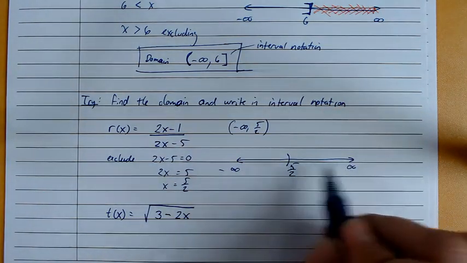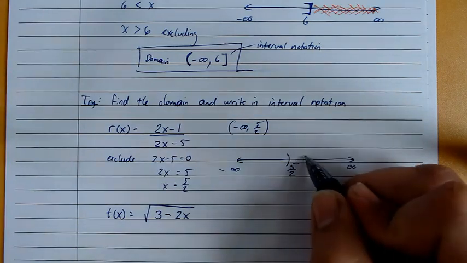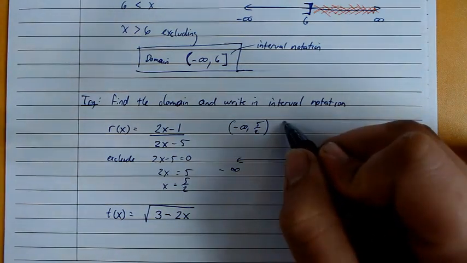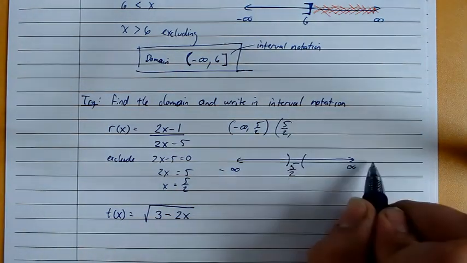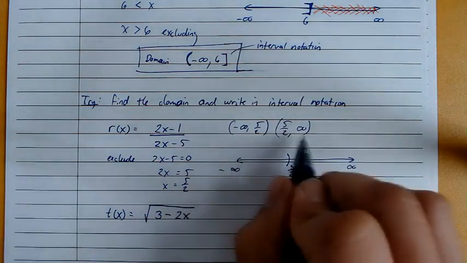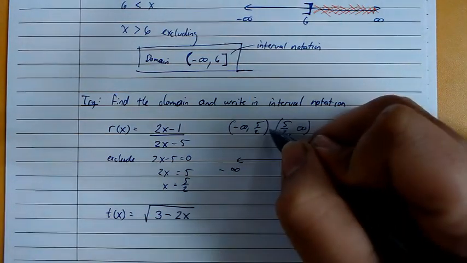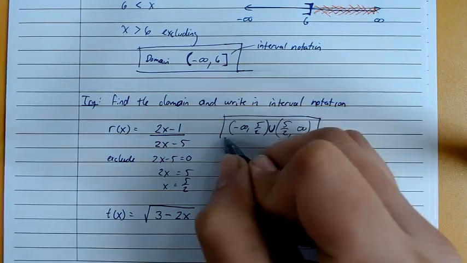We also want everything bigger. We're only throwing away that one number, so anything bigger than that's fine. So again, we're not including 5/2, but we are going with every number further to the right, to infinity. And since there's more than one part to your answer, you stick that together using the union symbol. And that is your result.